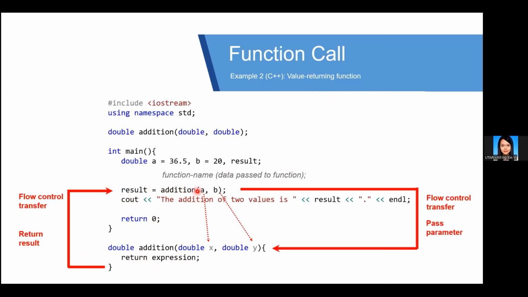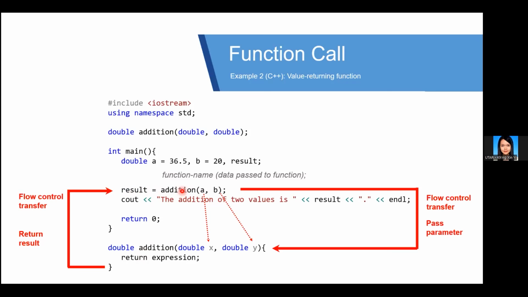Okay, the idea is that if, let's say, we had excluded this result variable, then after we're done calling the function, we also get back the return value. Then how can I print out the result in the main function?